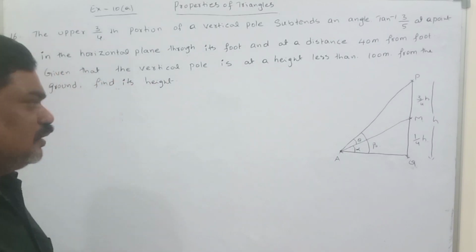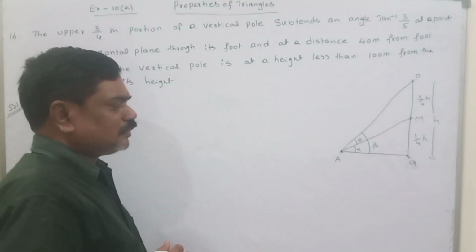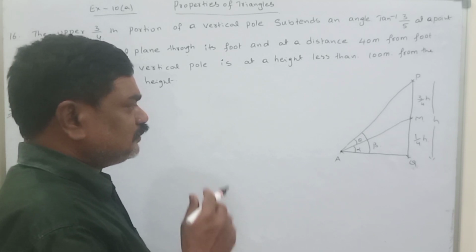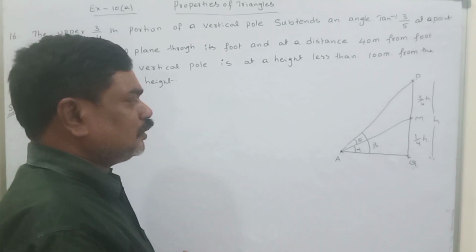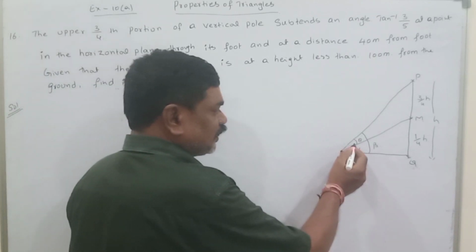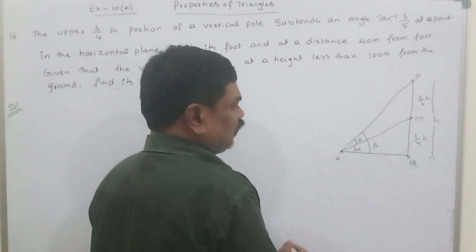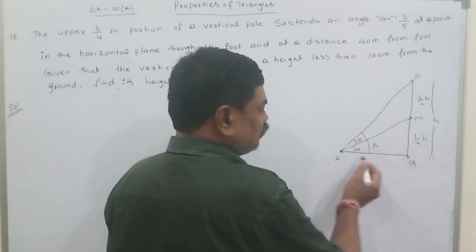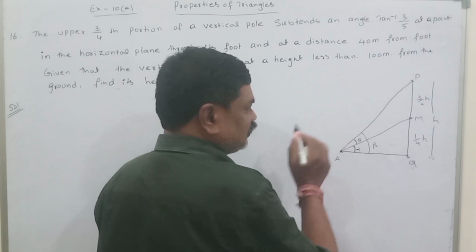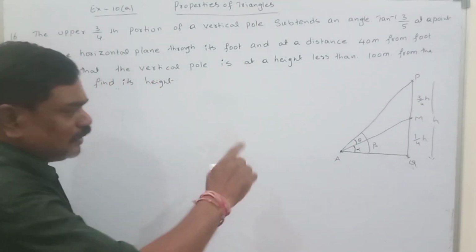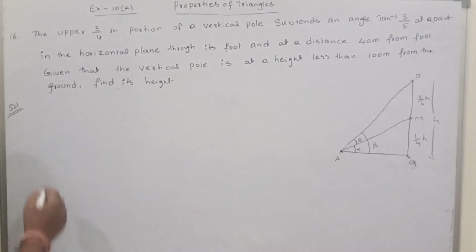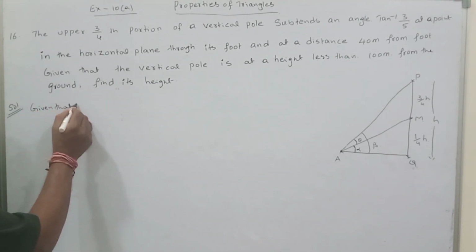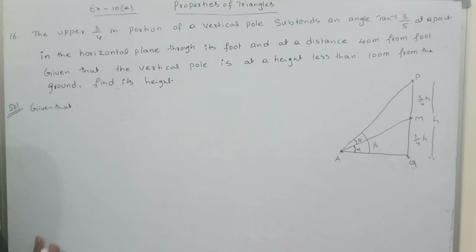Okay, all of you. PQ is the pole. A is the observer point. So, 3 by 4th of the pole subtends an angle theta and for the remaining 1 by 4th of the pole the angle of elevation is alpha. Total angle is beta. So, given that, you have to write the steps.